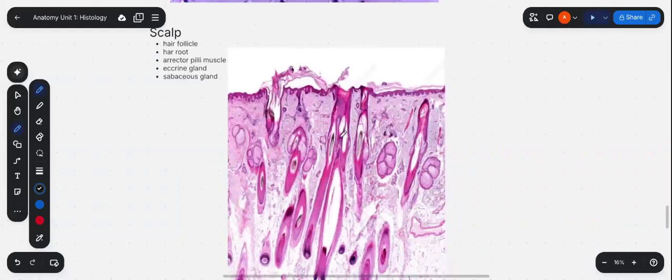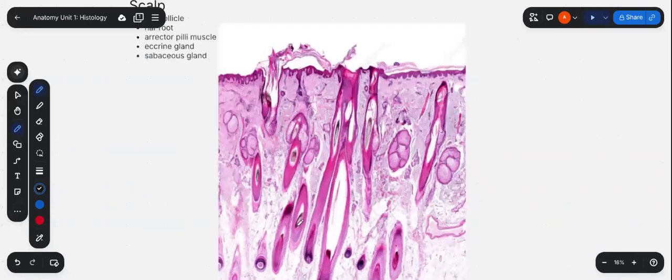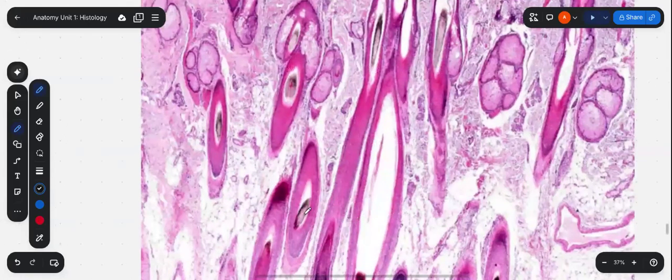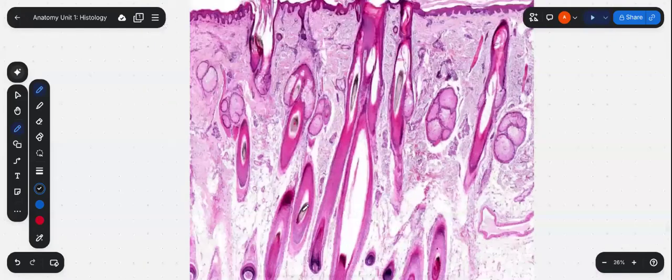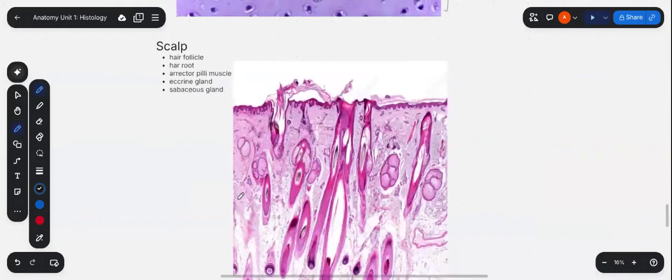This image doesn't really do a great job of showing the person's hair color, but we can deduce that it is most likely going to be brown just because over here you can see some brownness as well as over here. I one time had a scalp slide that the person had really dark brown hair, and it was really cool to be able to see that and learn a little bit of the person from the slide.